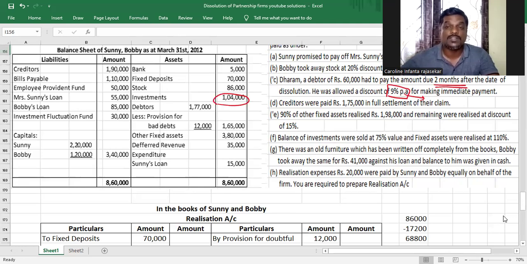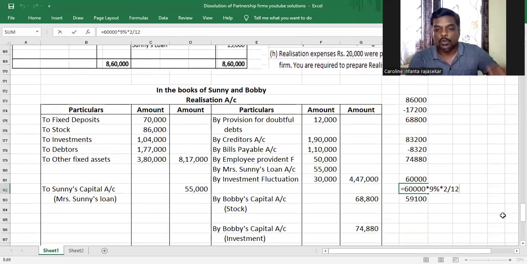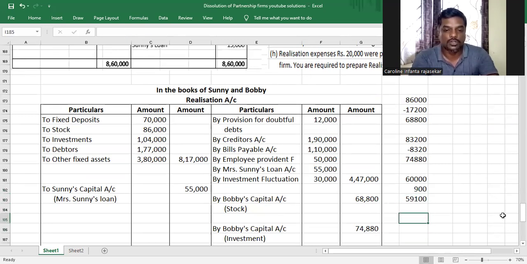And this, 2 months after the date, he's paying 2 months before. When you're calculating discount, what are you supposed to do, my dear children? The total amount into 9%, and that is per annum. And now we are giving for only 2 months, so into 2 by 12. That's it, my dear children. So you're getting 59,100. Understood or not?